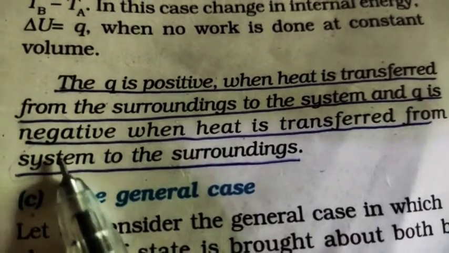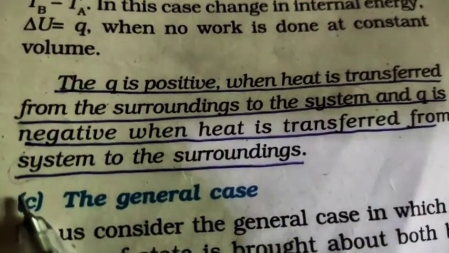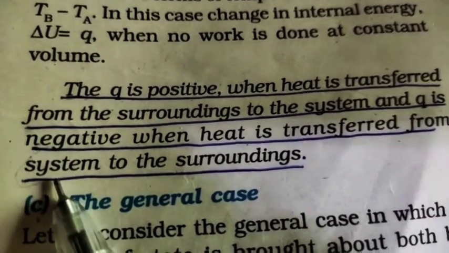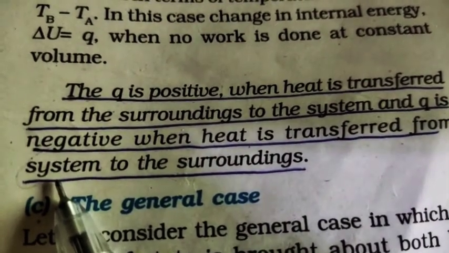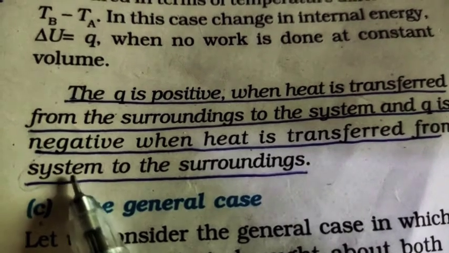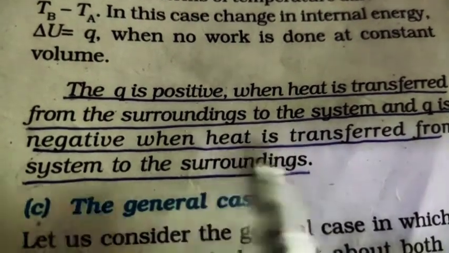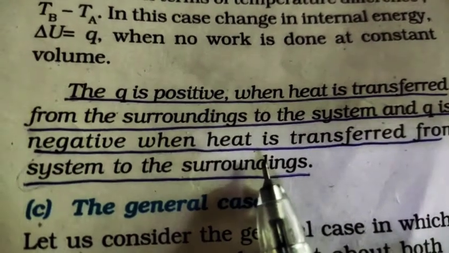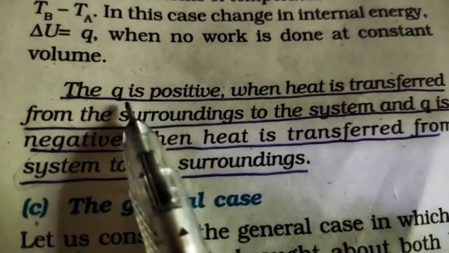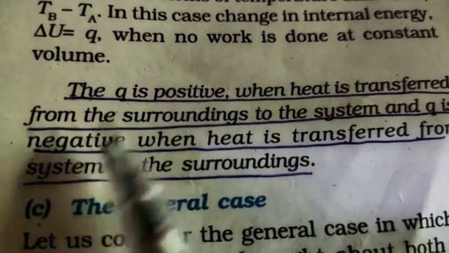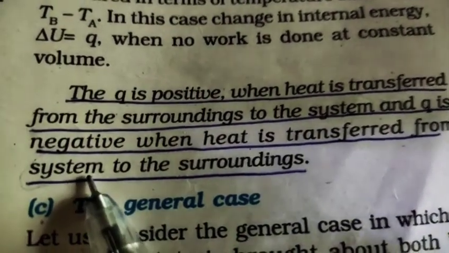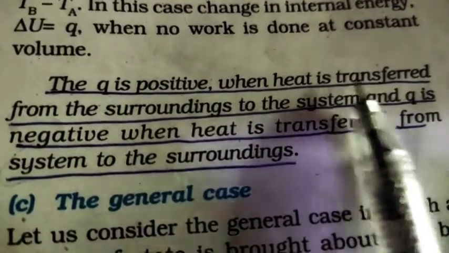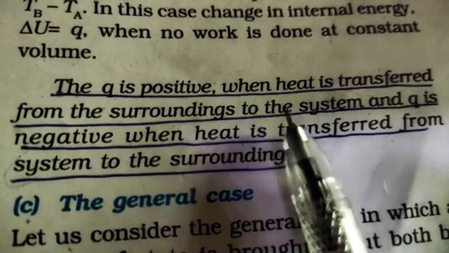And yesterday we have also learned the word system. It is that part of the universe which we are going to study, right? System. So any quantity we will get now, we will always talk in relation with the system and not with the surrounding, because we are going to study only the system part and not the surrounding. Okay, so whatever quantity we will get, it will be always in relation or in connection with the system. So you see here, Q is positive when heat is transferred from the surroundings to the system.